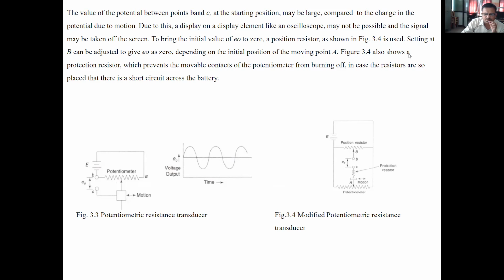This figure 3.4 also shows a protection resistor which prevents the movable contacts of the potentiometer from burning off in case the resistors are so placed that there is a short circuit across the battery. Therefore, here protection resistor is there. Protection resistor means what?